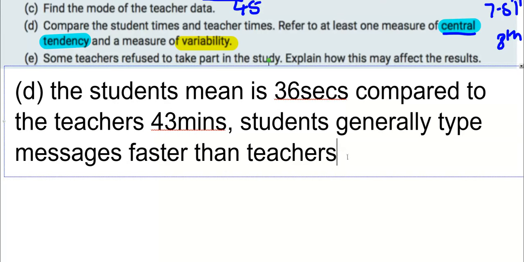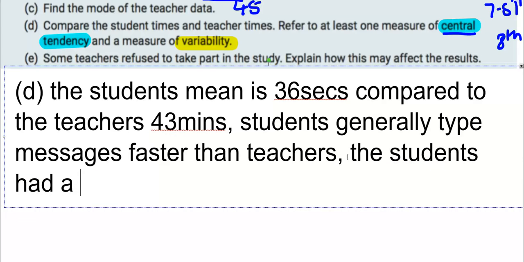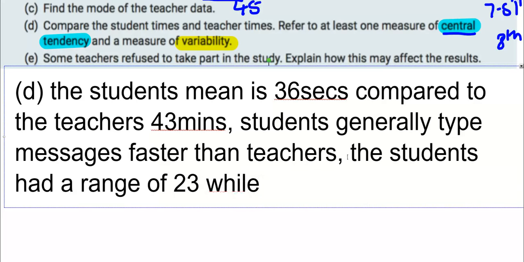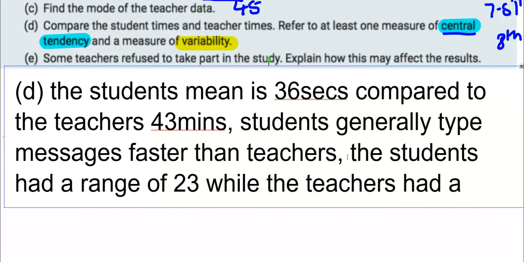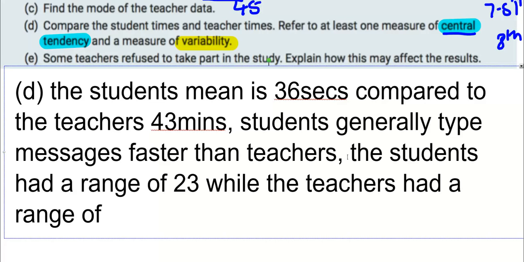Okay? So what range is the teachers again? The students had a range of, what do the students have a range of again? 23. Well, the teachers had a... What does this mean? This means there are more extreme values in the teacher range.